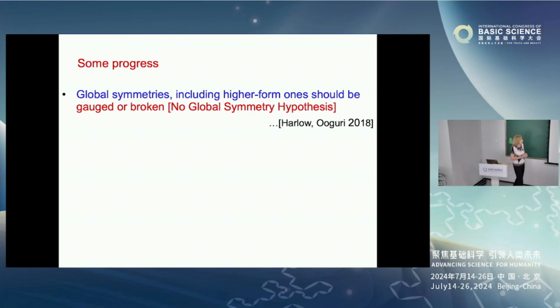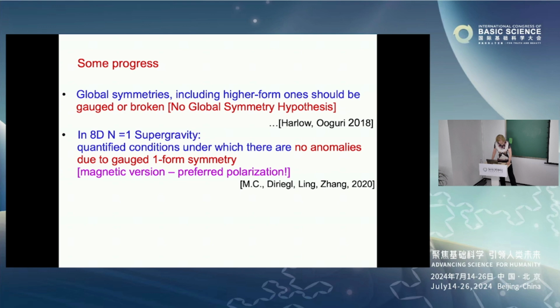There is a general mantra that global symmetries in consistent theories of gravity, including higher form symmetries, should either be gauged or broken, and that was specifically addressed for higher form symmetries by Harlow. In A dimensions, with the work together with Marcus Dierigl, Ling Lin, and Hao Zhang, we addressed the issue of gauging of one form symmetries, actually in very high dimensions.